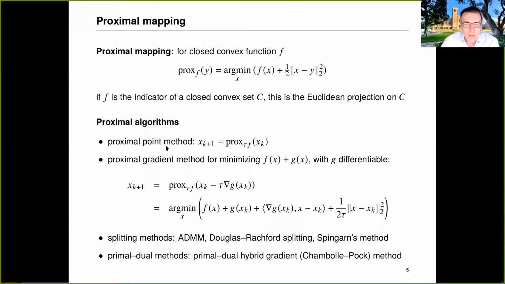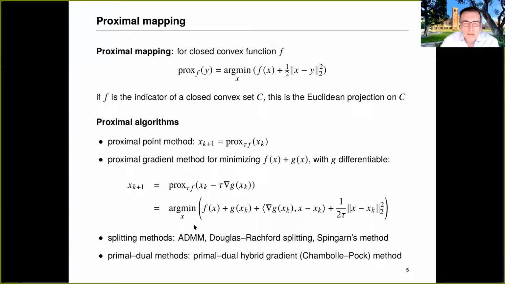So that's the proximal point method, which includes the augmented Lagrangian method. The proximal gradient method shows why it comes up very naturally. So if we have a problem where the objective can be split in a term f of x that has a simple proximal operator but can be non-differentiable, g is differentiable, then in the proximal gradient method, you first apply the gradient step to the differentiable part and then the proximal operator for f.